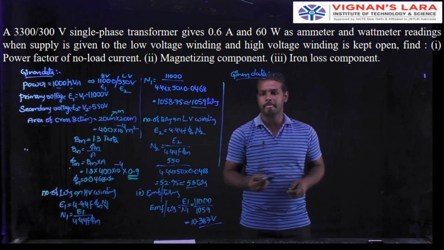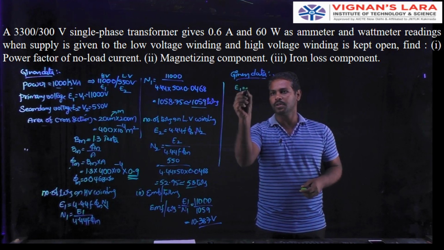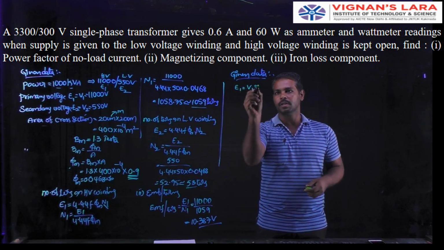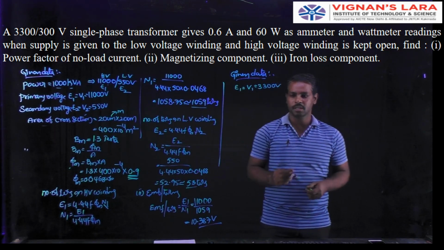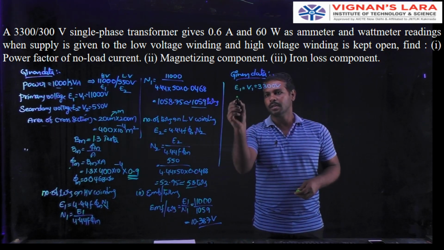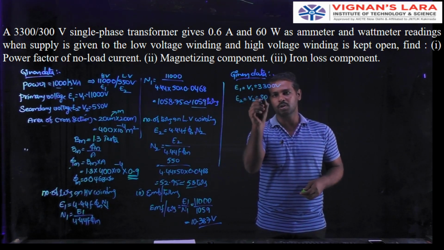Given data: voltage E1 is equal to V1 is equal to 3300 volts. Then E2 is equal to V2 is equal to 300 volts.